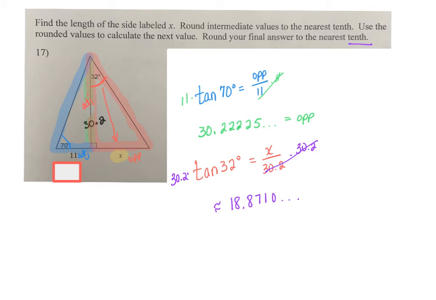It wants it rounded to the nearest tenth. So if I'm going to round to the nearest tenth, that's this place right here, the first decimal. I'm going to look to the right of it. The 7 will round me up, so that will round me to 18.9, which is what you get as your final answer here.